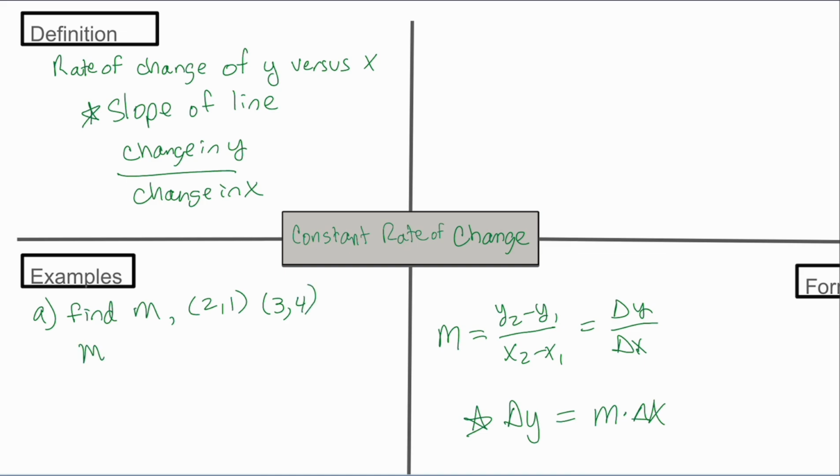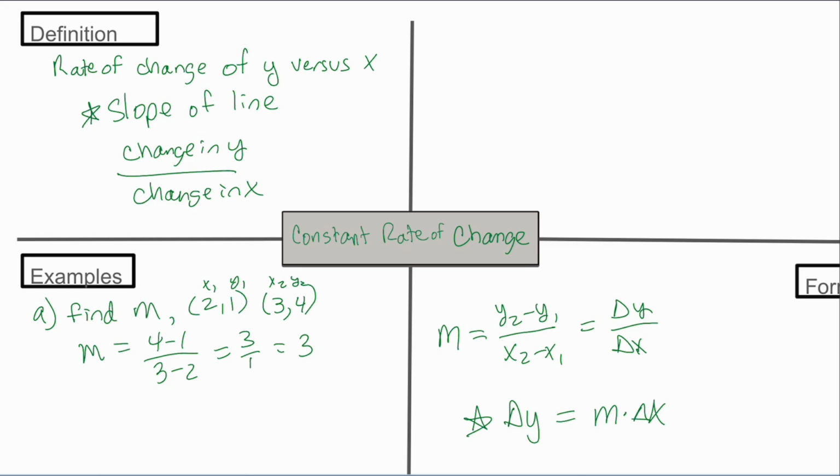So we can just do the difference of the y's. So if we call this x1, y1, and this one x2, y2, would be 4 minus 1. The difference of the x's would be 3 minus 2, or 3 over 1, or 3. That's one way to do that.